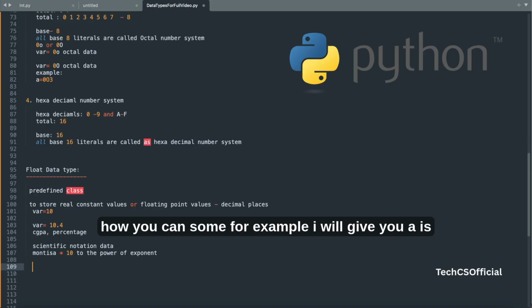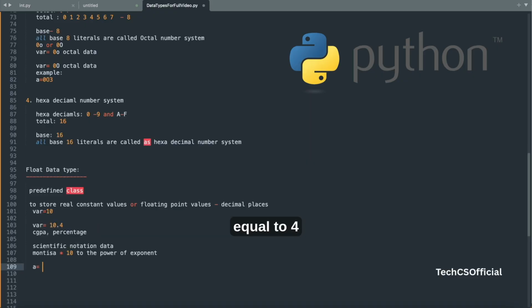For example, I will give you age equal to 4e2.